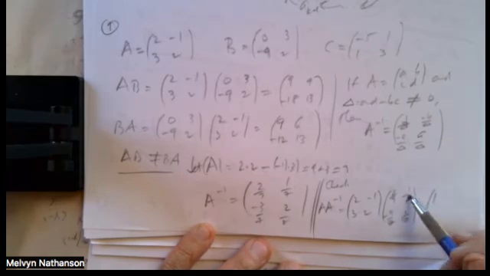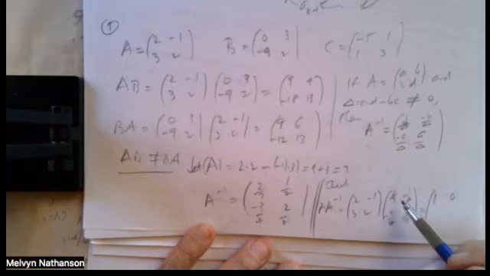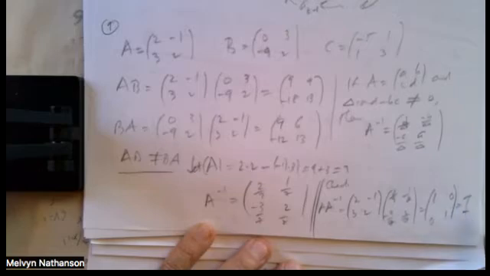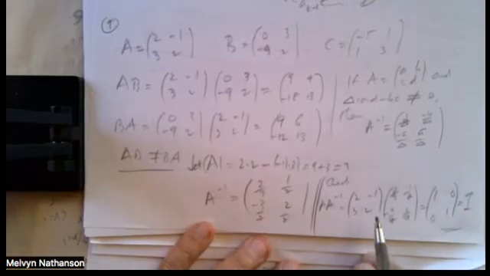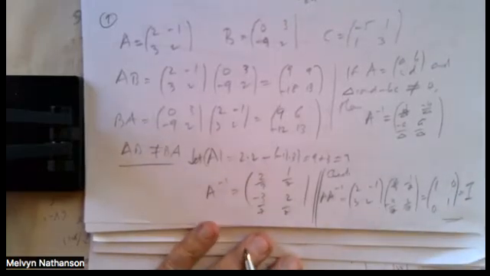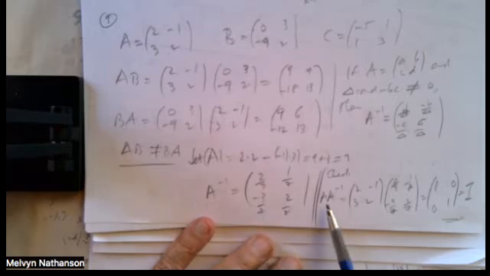This is 2 sevenths minus 2 sevenths is 0. This is 6 sevenths minus 6 sevenths is 0. 3 sevenths plus 4 sevenths is 1. So I get the identity matrix. So that says that this calculation is correct. A times A inverse is the identity.